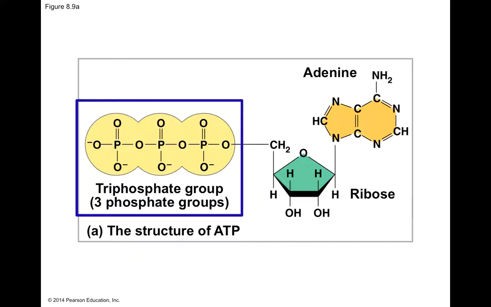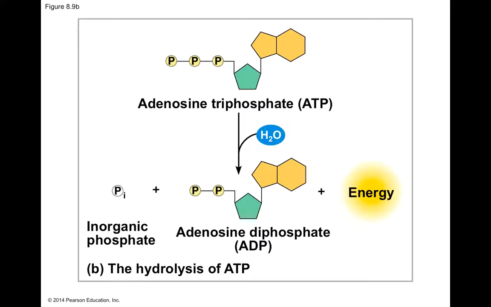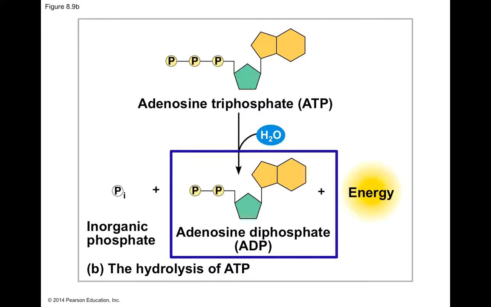Remember, phosphate groups are functional groups that are used to store and transfer energy. So when the 3rd phosphate group is hydrolyzed, some of the stored potential energy from the molecule is released. The molecule that remains is ADP, or adenosine diphosphate. And this reaction will partner with an endergonic reaction and provide the energy for the endergonic reaction to go.